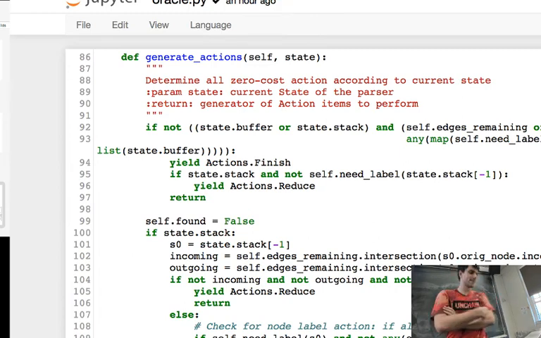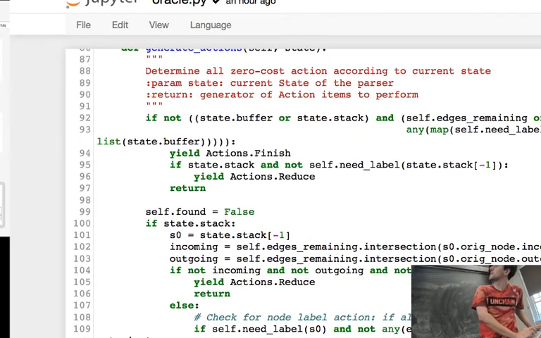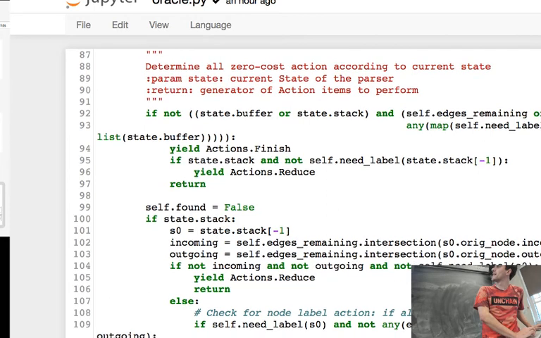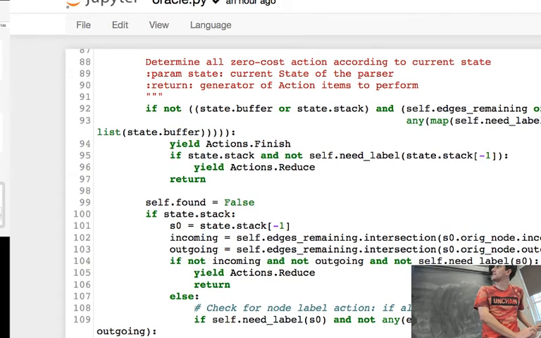I found this to be fairly self-descriptive. When you start, you basically check if there's nothing in the buffer and the stack, and there are no edges remaining and no labels remaining, you finish. If there's a stack, and the top of the stack does not need a label, you can reduce and pop that off the stack.